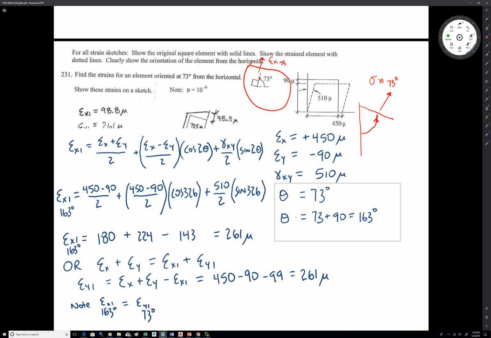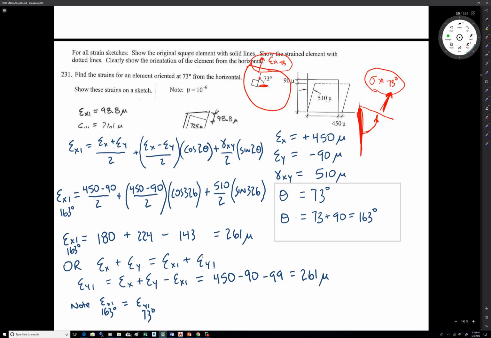All right, so the reason for this difference in the reference planes is so that sigma x1 is the primary causer of epsilon x1, because the normal stress is normal to the plane. So on account of that, they had to throw a little 90-degree difference in the origin of the angle, the reference plane for the angle.